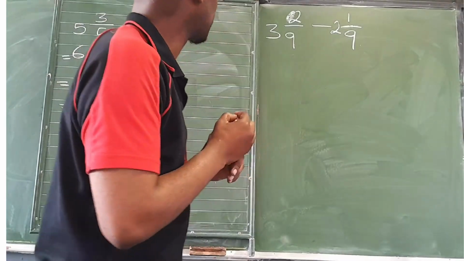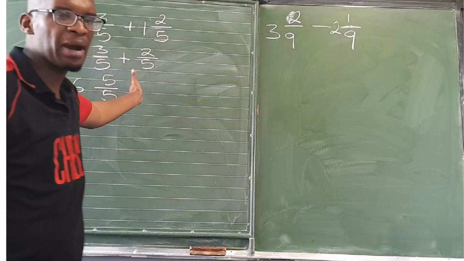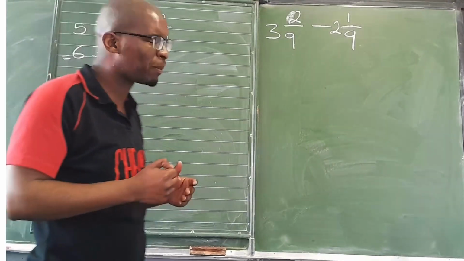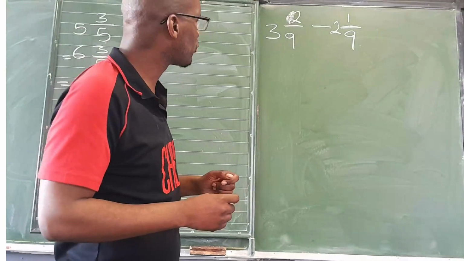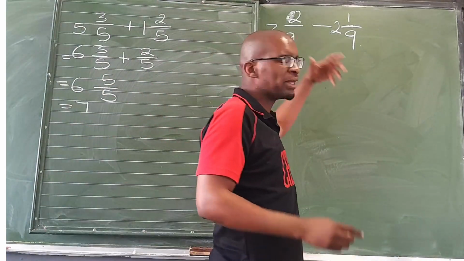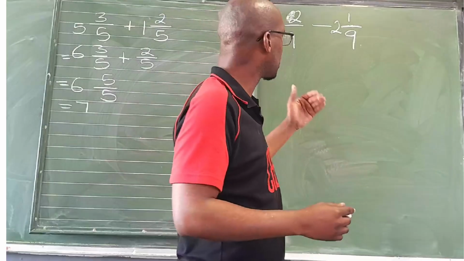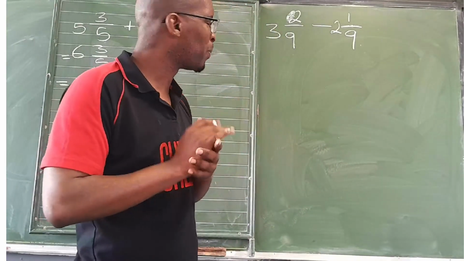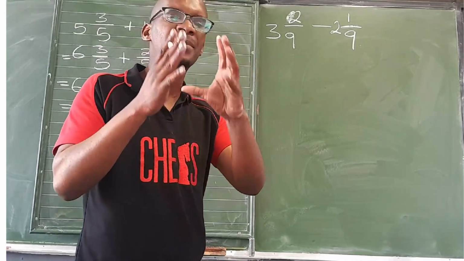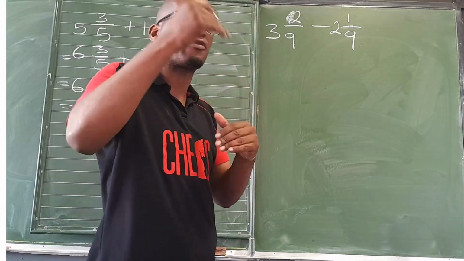Now looking at my second example, I can go ahead and apply the same method. But now in the second one, I'm going to apply a different method. First of all, we are going to convert the mixed number to an improper fraction, and then we can go ahead and apply our operation. But before we go there, how do we convert a mixed number to an improper fraction?